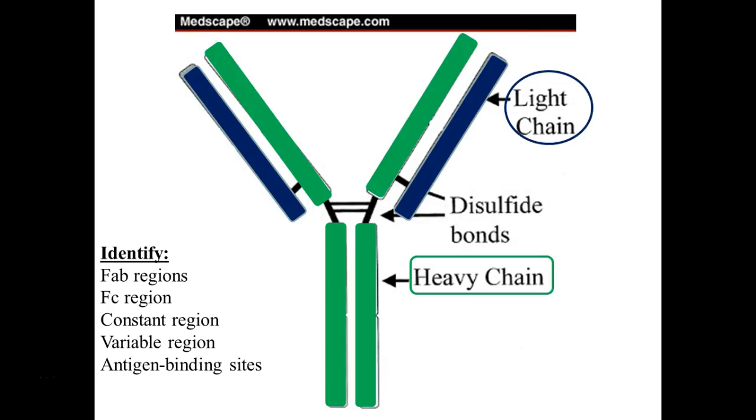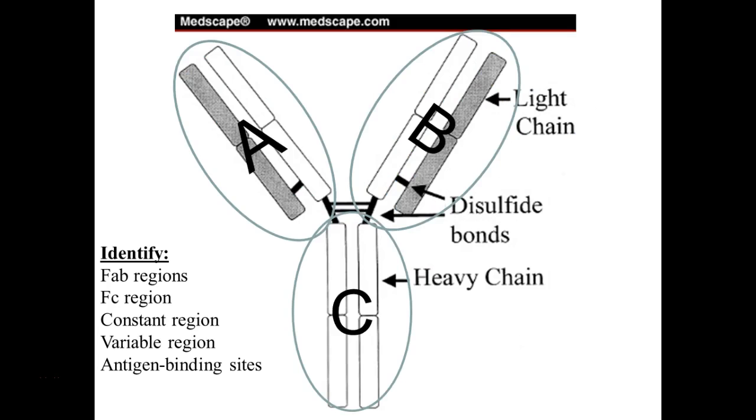So as I said, blue represents our two identical light chains, and then we have our two identical heavy chains in green. When scientists were studying them too, they found different ways to break up this molecule. One of the ways is they broke it at this joining section here, and it broke into three pieces: this A piece, this B piece, and this C piece.